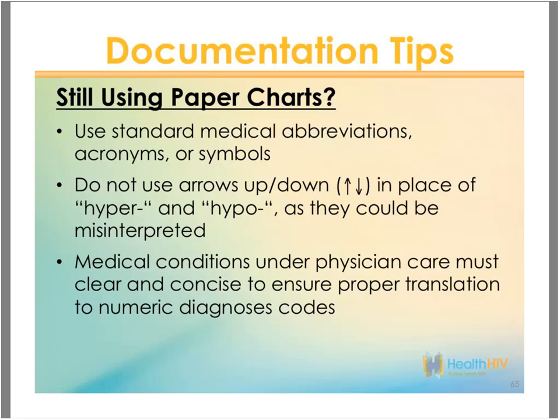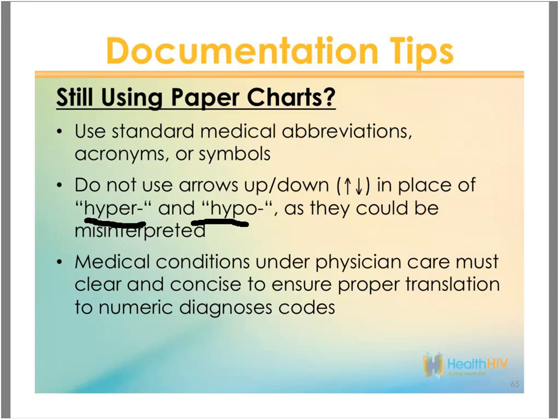If you're still using a paper chart, it's suggested that you use standard medical abbreviations. It's important that the up and down arrow symbols are not used, because oftentimes as a coder, we misinterpret that to mean hyper or hypo.